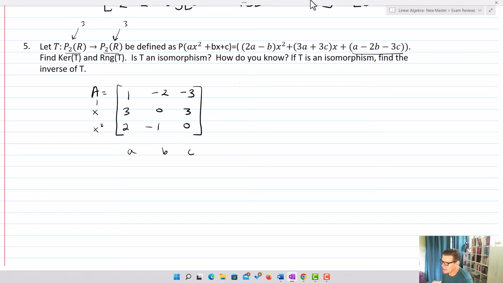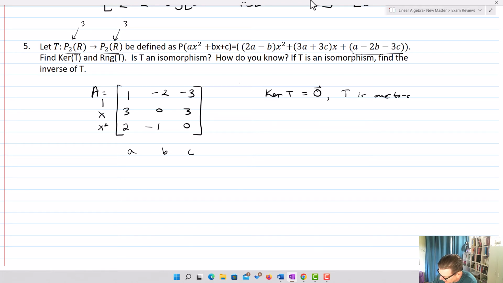And A is what I'm going to base everything off of. I'm going to determine the kernel of T and the range of T, all utilizing A, because it turns out that this matrix is the matrix of the transformation. So remember that we need to see that the kernel of T equals 0. That's going to tell me that T is 1 to 1.